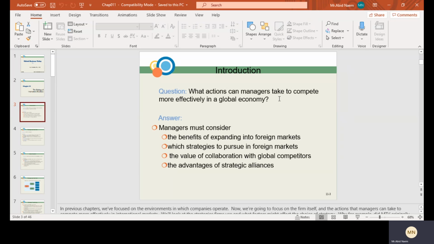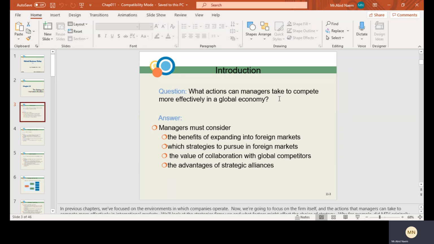And today we will try to understand the mechanisms and processes of international business strategies for your organization. Why should your organization consider expanding their business in international markets? You can understand the importance when you try to understand the possible benefits you are getting while expanding your business to foreign markets.